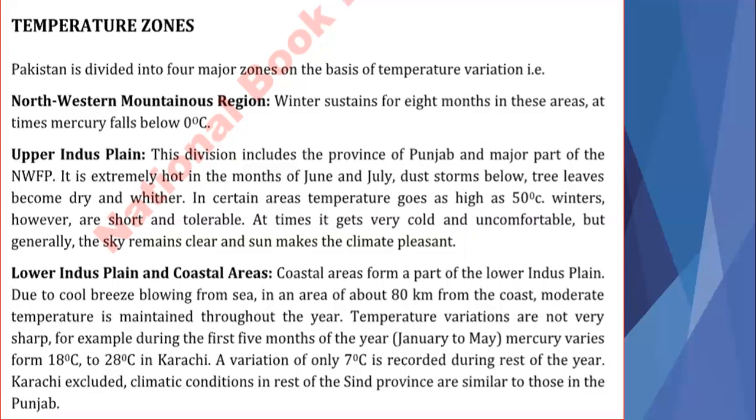For example, during the first 5 months of the year, from January to May, the temperature will be 18 degrees centigrade to 28 degrees centigrade in Karachi. What is the reason? Because of the sea, due to the cool breeze blowing from the sea. A variation of only 7 degrees centigrade is recorded during the rest of the year, and, Karachi excluded, climatic conditions in the rest of Sindh province are similar to those in the Punjab.